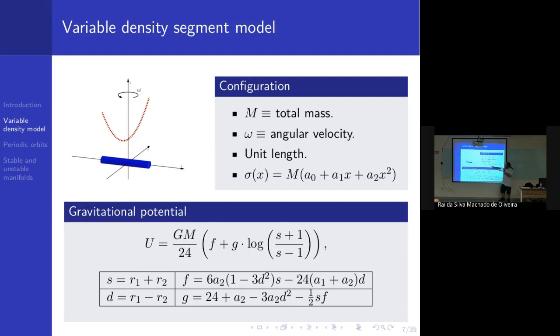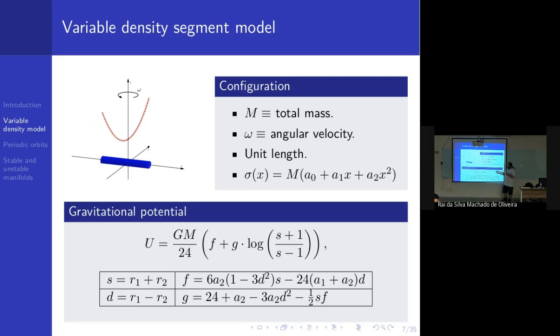So we have three coefficients, A0, A1, and A2, but A0 depends on A1 and A2. So we actually only have two free parameters, A1 and A2, that control the curvature or the mass distribution of the asteroid. With all of these considerations, we have this expression for the gravitational potential.